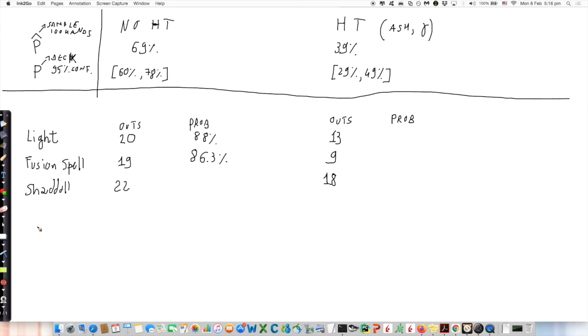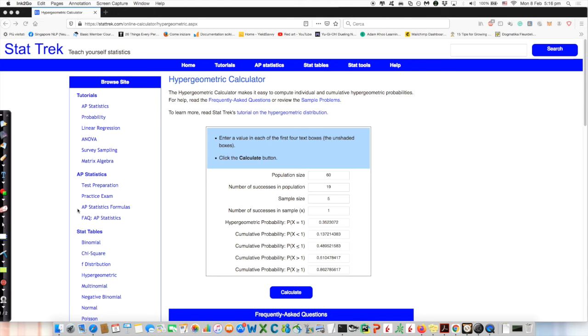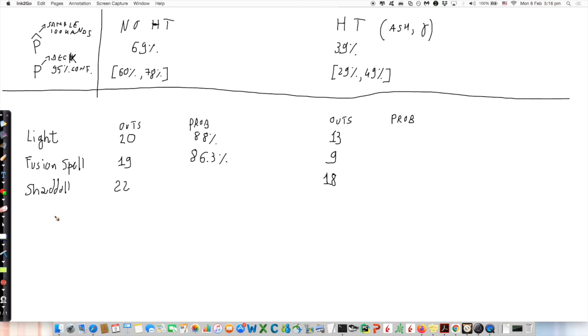And 22, again, same, we put here 22, and we get 90.8. That is pretty good. Meaning to say, if you're not stopped, you have basically more than 90% probability to get a Shaddoll monster in your first hand. That is quite good.